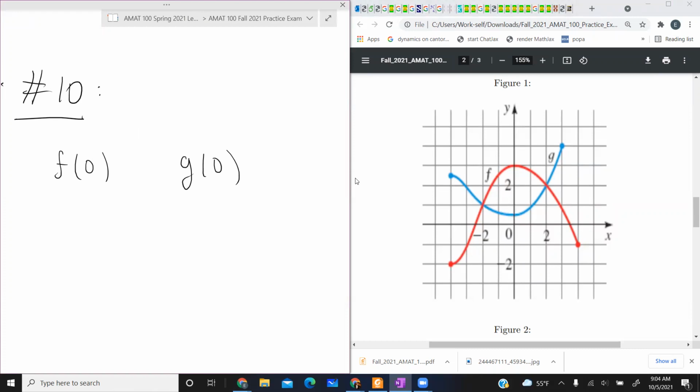So we want to know which one's higher above the x-axis, which one's larger. Well, if we look at this, we see that the graph of f is higher at x equals 0 than g. So we could say this: f of 0 is greater than g of 0, so f of 0 is larger.